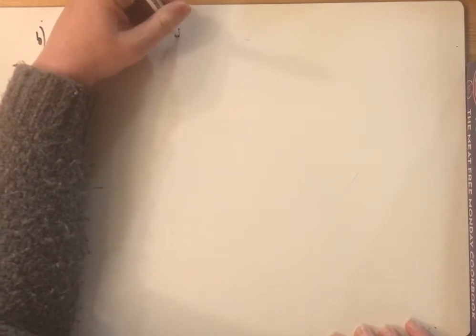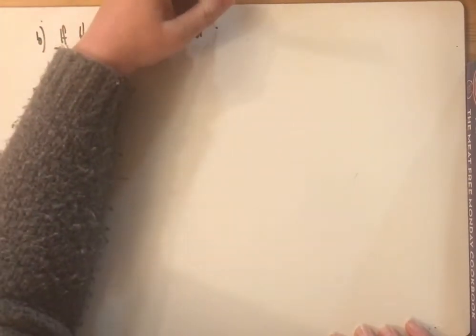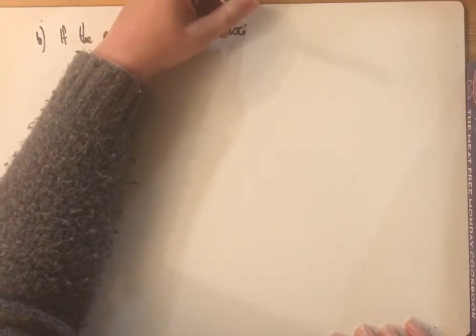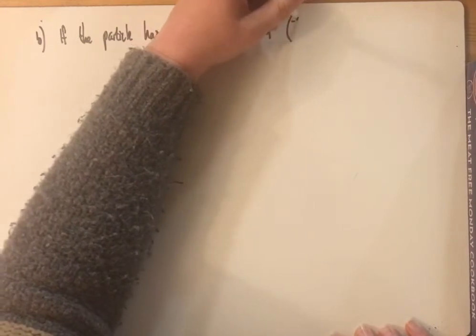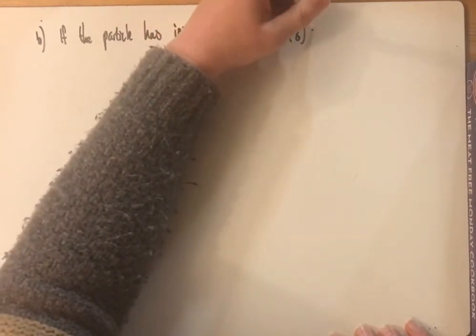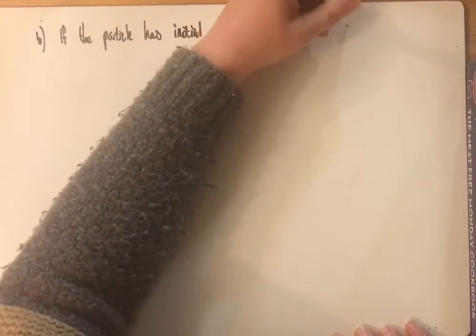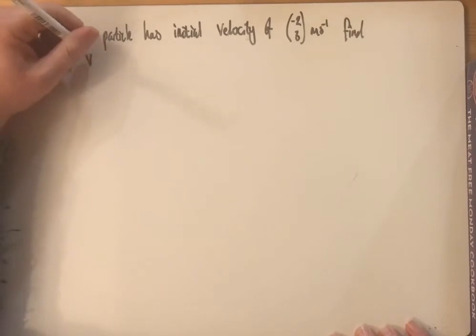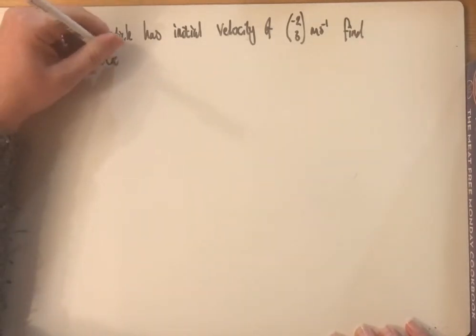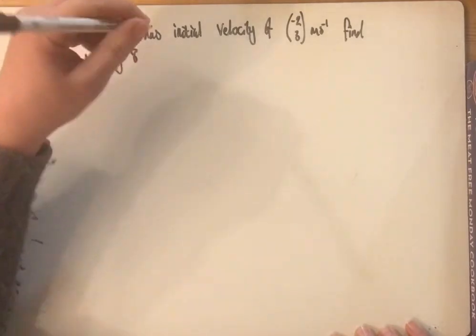So if the particle has initial velocity of minus 2.3 meters per second, find its velocity eight seconds later.